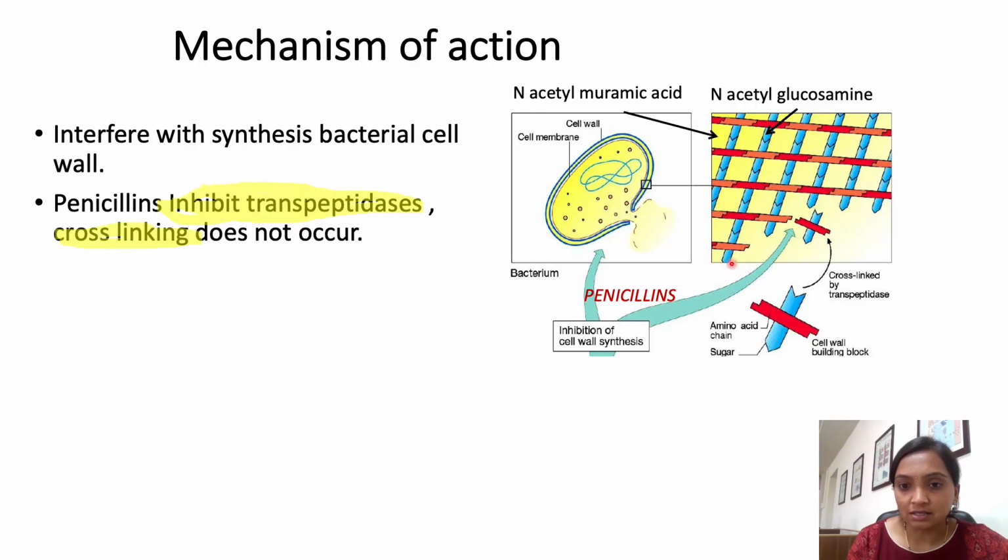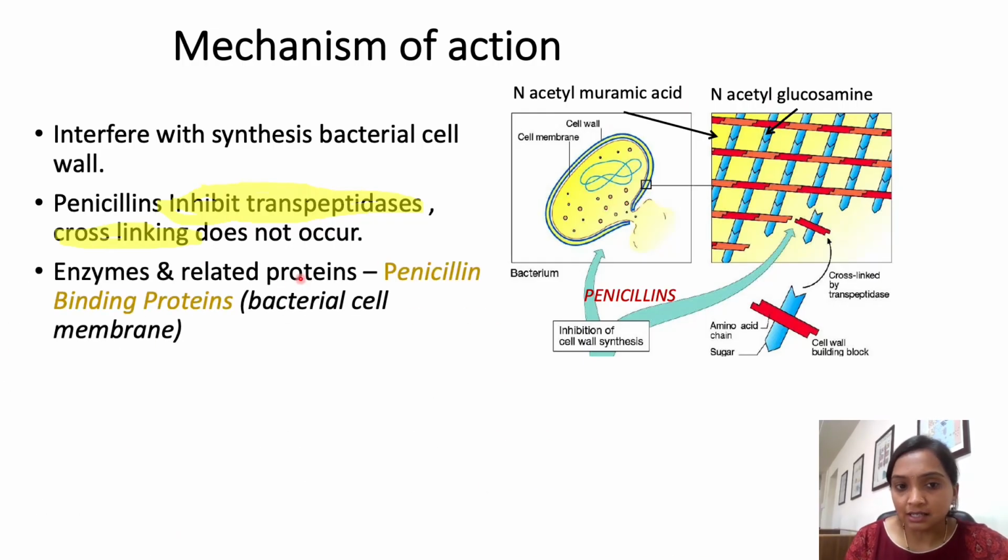Once this long chain is done, it is cross linked by an enzyme called transpeptidase, and there are certain enzymes and proteins involved in this process, which are called penicillin binding proteins. Okay, and they will do cross bridging or cross linking like this.